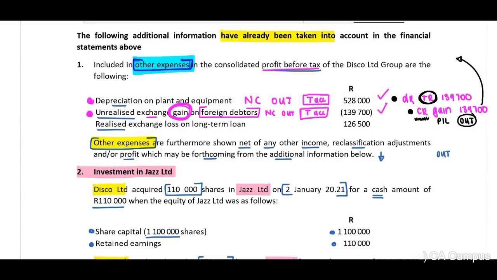Now, realized exchange loss on our long-term loan. Think about the word loss. What does this mean in terms of our profit and loss? In terms of our profit and loss, we will have to debit the loss because this is an expense. And this will be the 126,500. And we need to credit our loan account. If we debit our loss, and we now need to take this out, we will have to add this back.